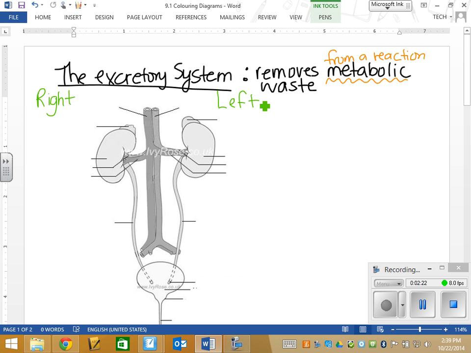And the reason that it's backwards is because we're imagining if this were part of an actual person who we're looking at, what's on the right side of my picture would actually be on the left side of that person, and vice versa. So anatomical drawings are usually backwards in terms of left and right.